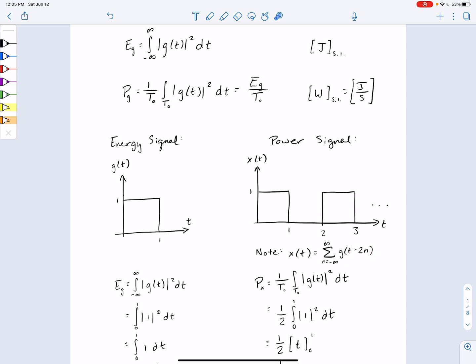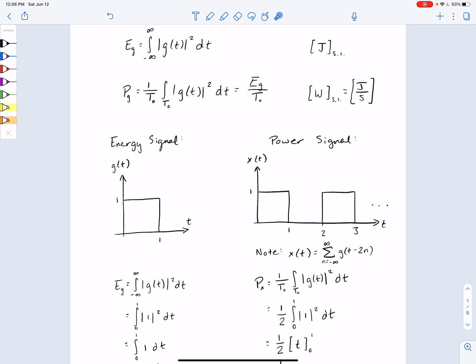If you break it down into each of the individual terms, if n equals 0, that gives us a pulse that looks like this. If n equals 1, it gives us the pulse shifted over here, and so on and so forth. If we add them all together, it's going to be a continuous power signal. So this is just a nice short way of representing that.